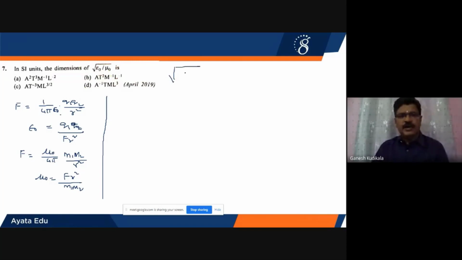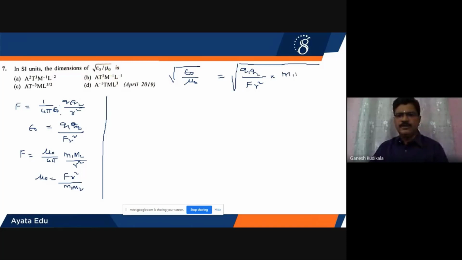He is asking to find under root of epsilon naught by mu naught. So under root of epsilon naught is replaced by Q1 into Q2 divided by F into R square, into 1 by mu naught. So therefore that formula will be reversed.